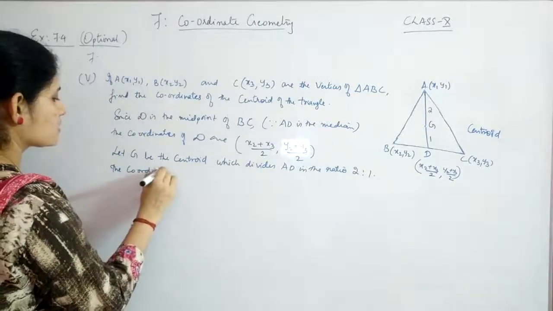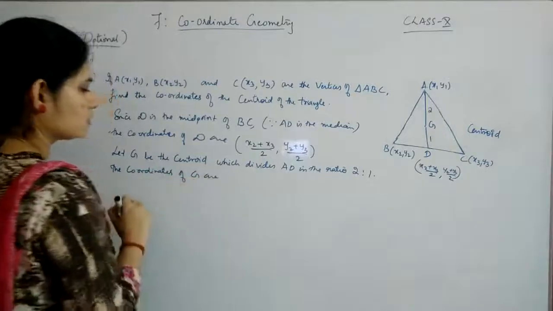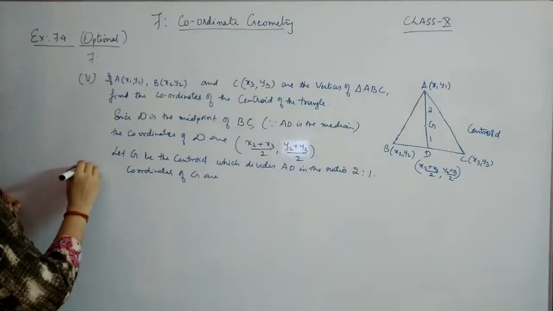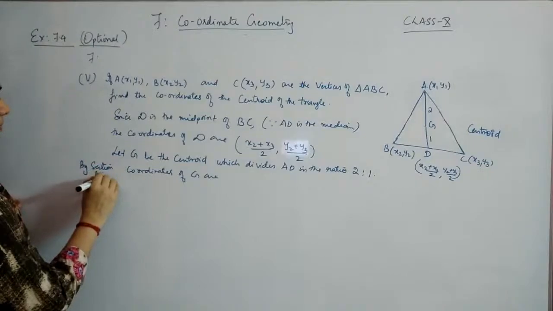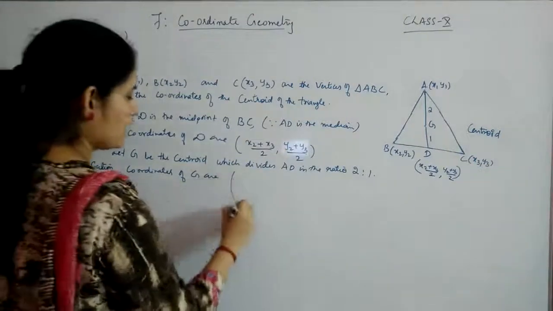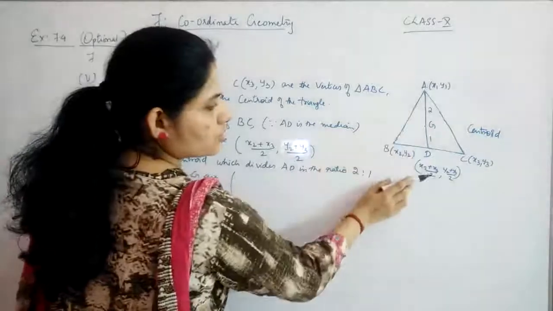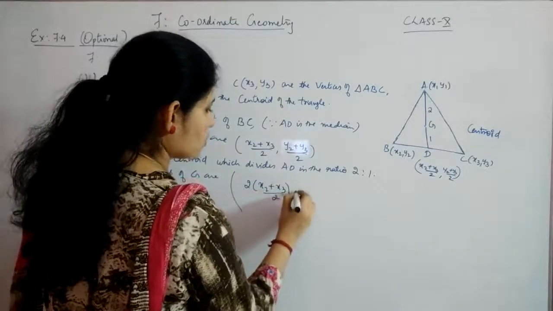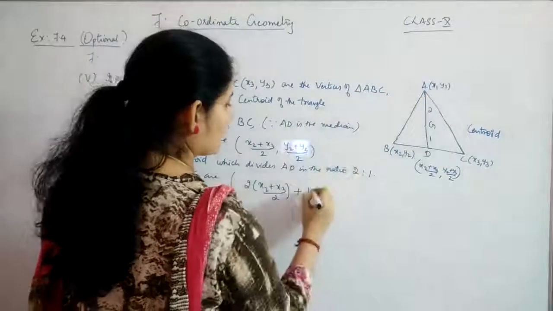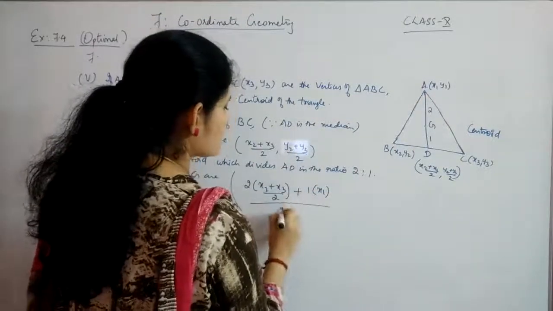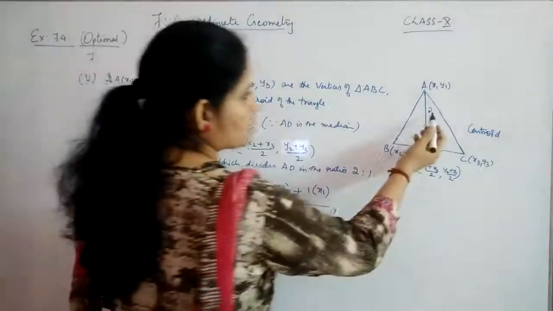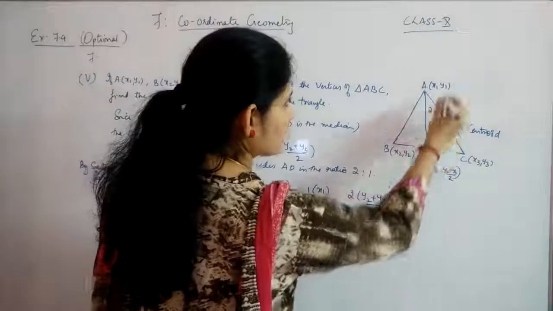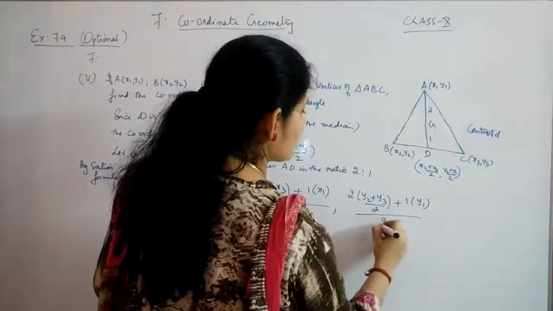Then the coordinates of G, how are you getting this? By the section formula. The coordinates of G are: 2 into (x2 plus x3)/2 plus 1 into x1, divided by 2 plus 1, comma, again 2 into (y2 plus y3)/2 plus 1 into y1, divided by 2 plus 1.